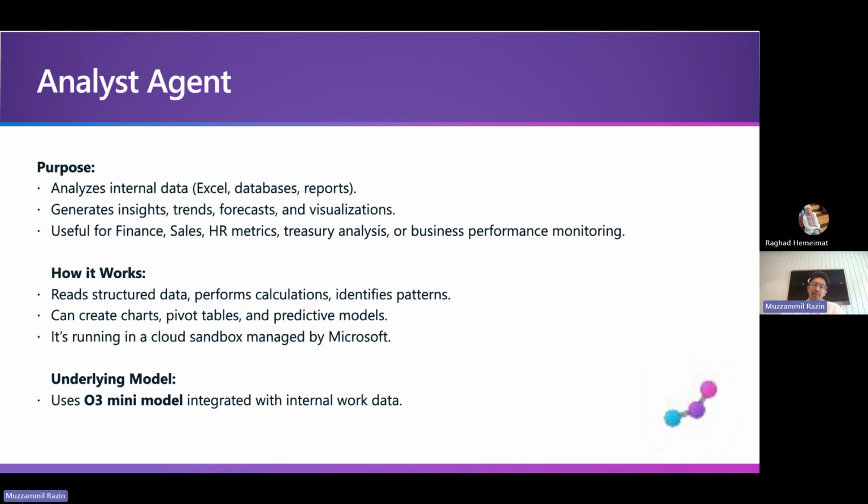One of the key features of the analyst agent is that it works on a different LLM model, which is exclusive to the analyst agent. It is pre-built and fine-tuned for analysis scenarios. The model is called O3 Mini, from OpenAI.